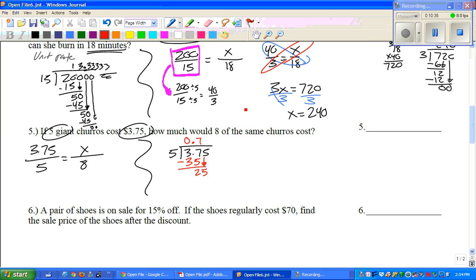And how many times does 5 go into 25? 5. So each churro costs 75 cents, but I want 8 of them. So 0.75 times 8, 8 times 5, 0, carry the 4. 8 times 7 is 56, plus 4. So 8 churros would cost $6.